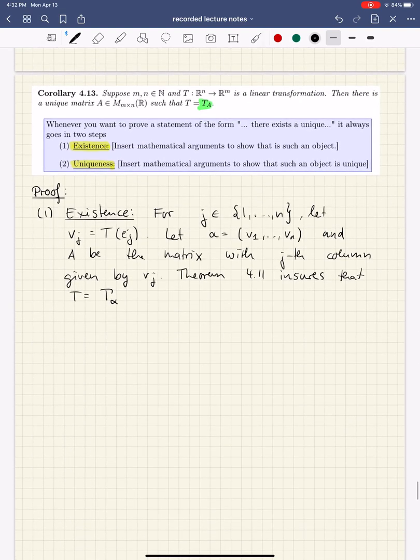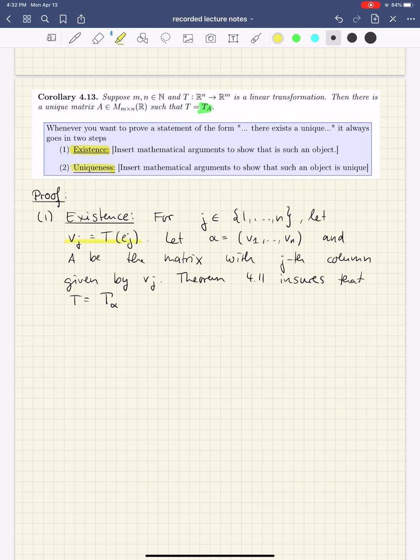So this is precisely how we've chosen Vj here. So this is the first part. And now the second part is that the remark before, remark 4.12, gives that T_A is equal to gamma alpha. And so this implies now that T is actually equal to T_A. Okay, great. So we showed there is such a matrix.